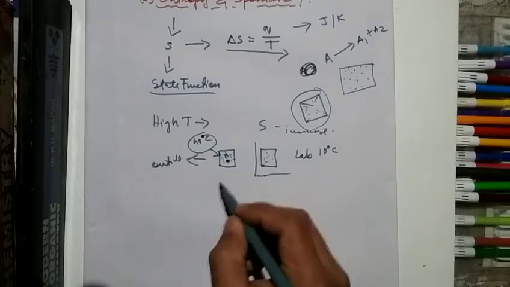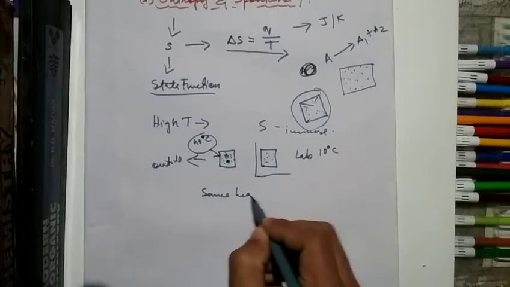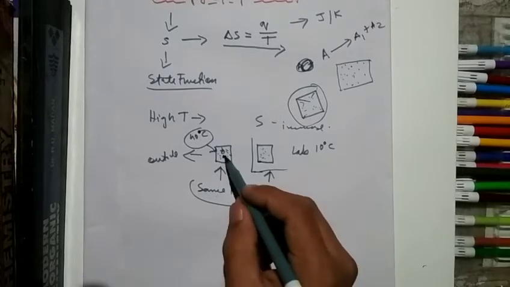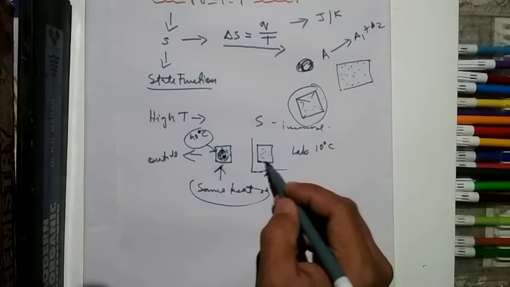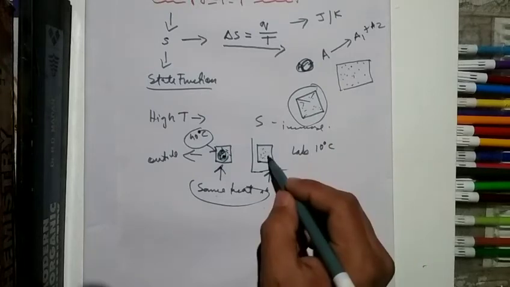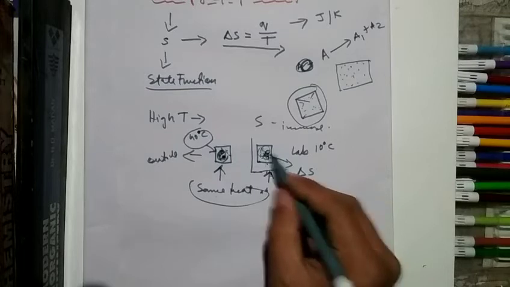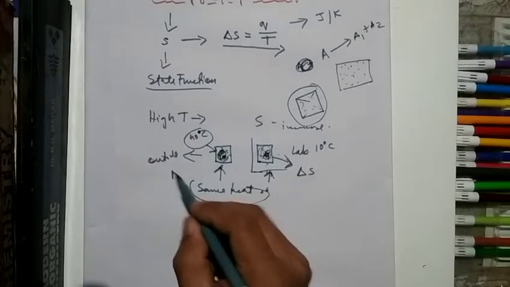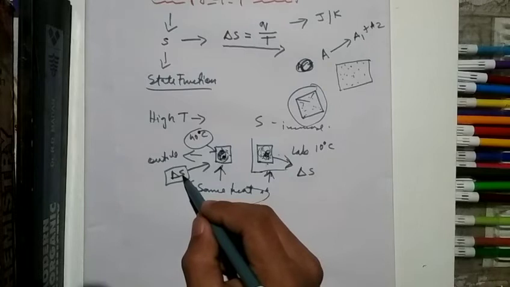Now let's say we apply the same amount of heat to both. The one that is already at higher randomness will show less additional randomness. Since this one is at 10 degrees with less randomness, if you apply the same heat, it will show much higher randomness, so delta S for this one will be higher. If we apply the same heat, the one at higher temperature will show a low value of delta S, the change in entropy.